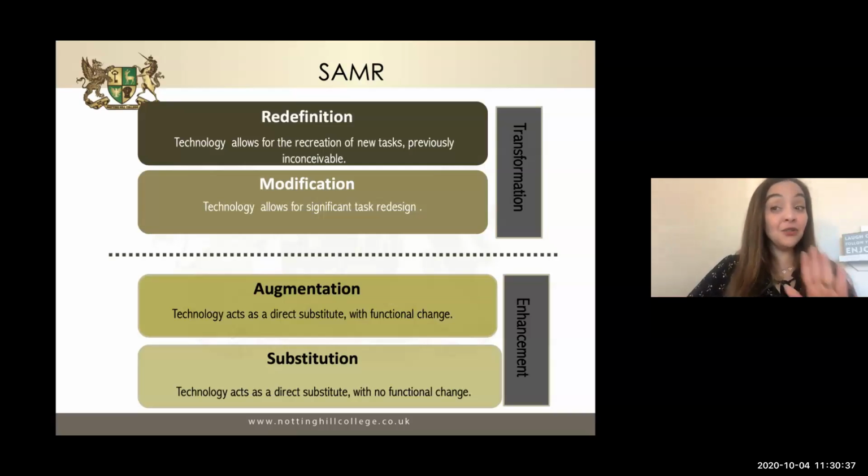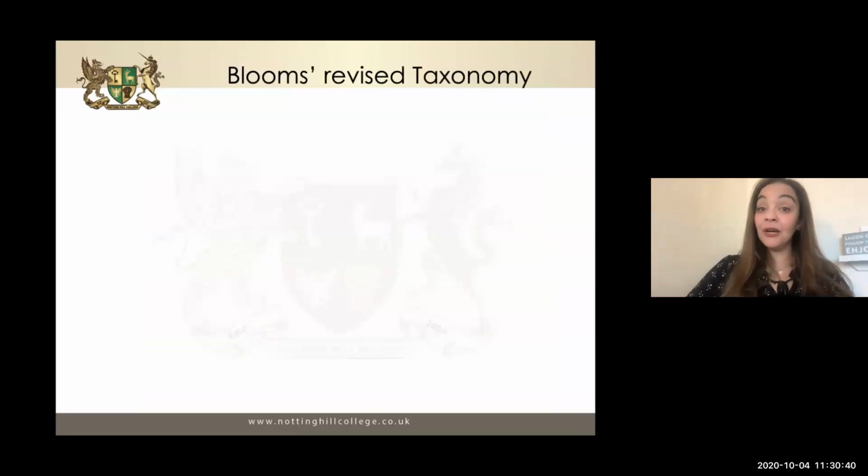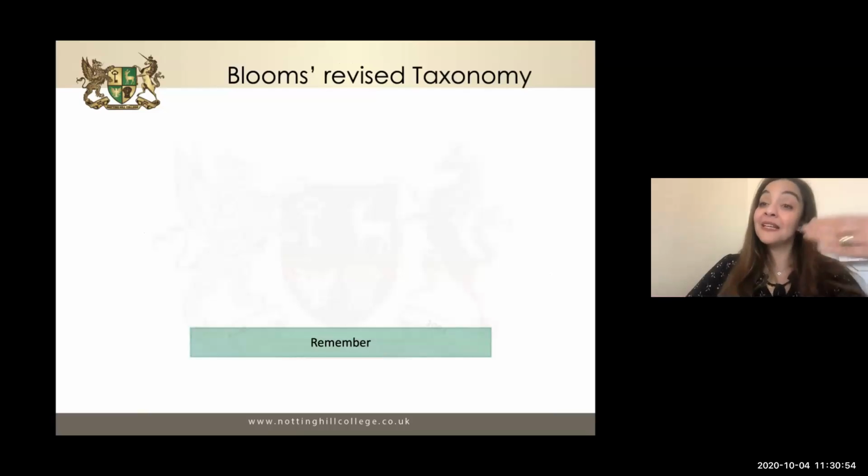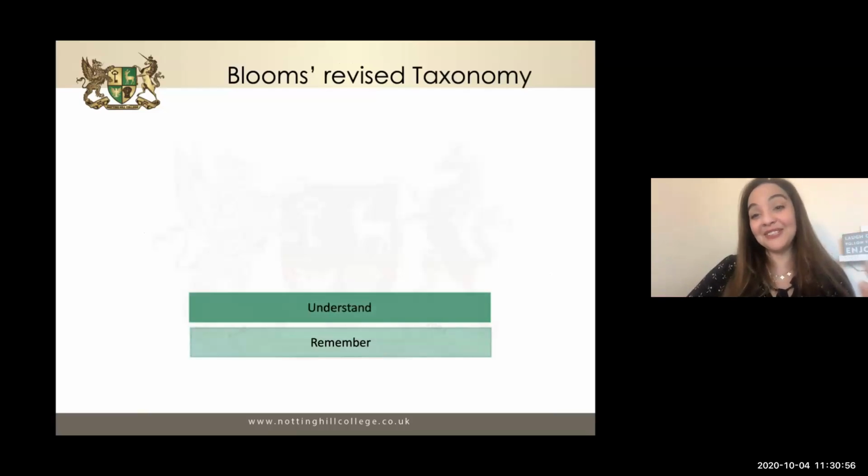What I really notice is that SAMR is quite compatible with our beloved Bloom's taxonomy. We have two levels in SAMR, enhancement and transformation, and with Bloom's revised taxonomy we have six levels grouped into two categories.